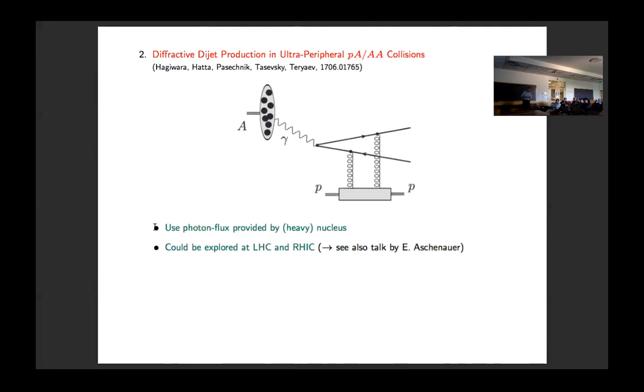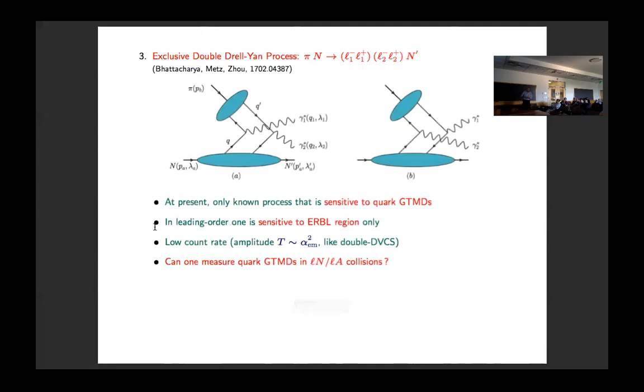Then this is all about gluons. What about quarks? Something that we put forward last year was, on the one hand simple, but on the other hand complicated: an exclusive double Drell-Yan process, which we did here with pion-nucleon induced.